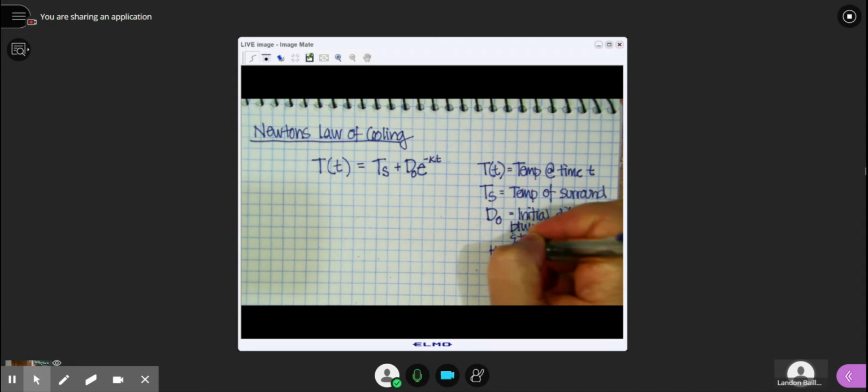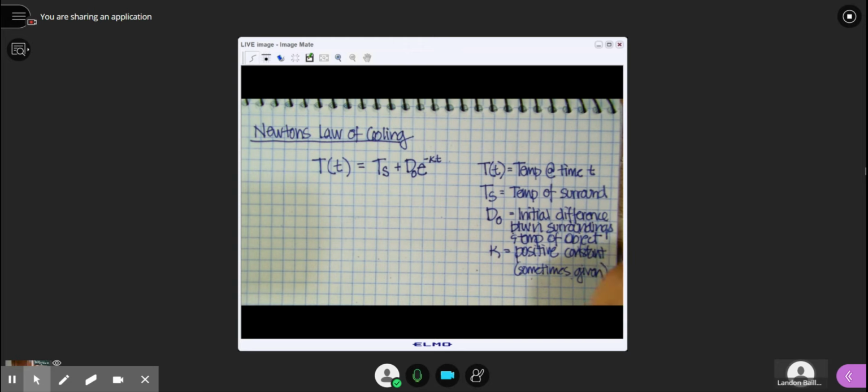K is a positive constant, and it's sometimes given, and there's a couple of problems where you have to find it. But in the beginning, it's basically given to you.